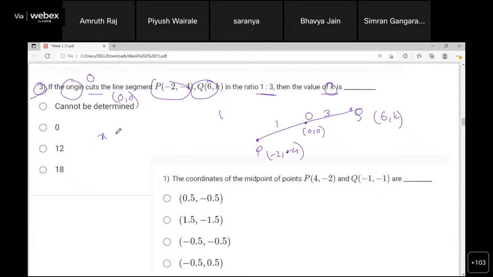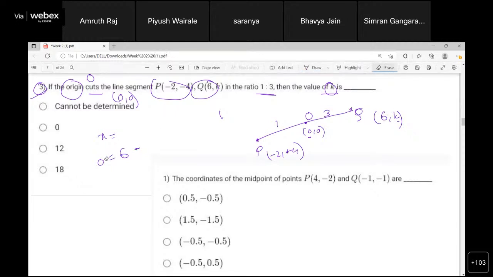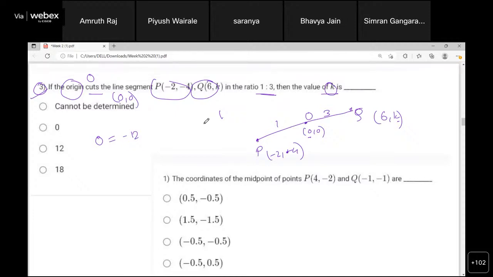Now just apply the formula. At the x coordinate, x will be 0, so 1 into 6, that is 6, plus 3 into minus 2, that is minus 6. You need to find only k, so we can directly go for the y coordinate. Here y is 0, so it will be 3 into minus 4, that is minus 12, and 1 into k, divided by 1 plus 3, that is 4.